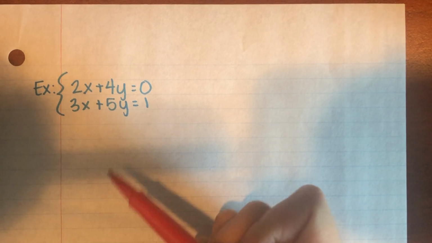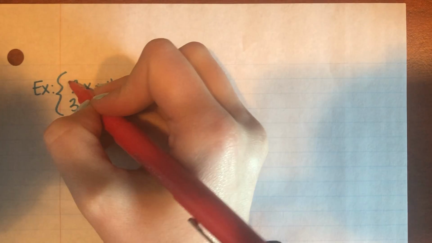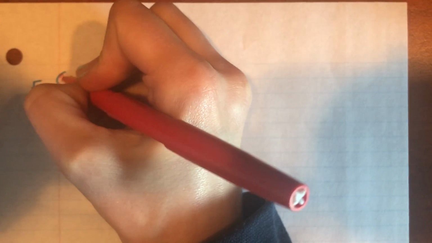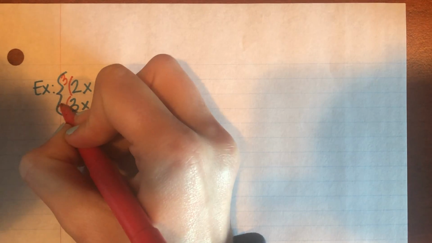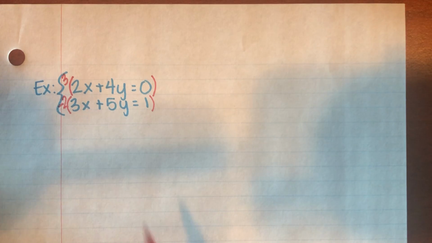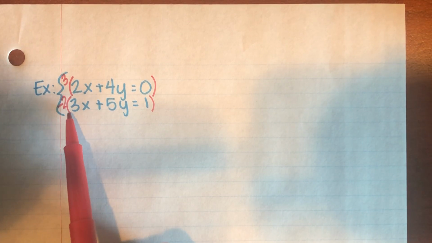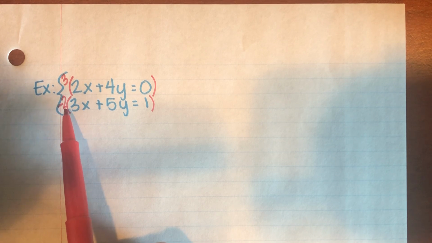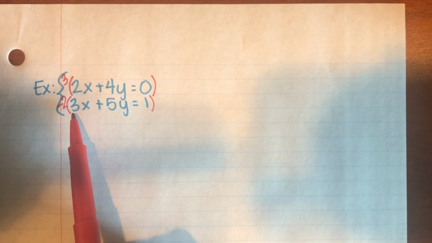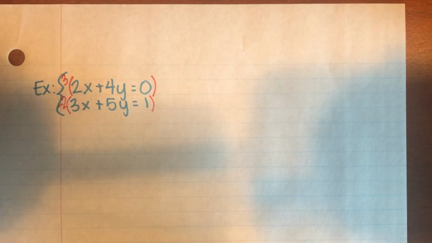So for example, if I want to eliminate my x terms, I can multiply my top equation by 3 and my bottom equation by negative 2. So my top x term will become 6x and my bottom x term will become negative 6x. So when I add them together, they'll cancel out.